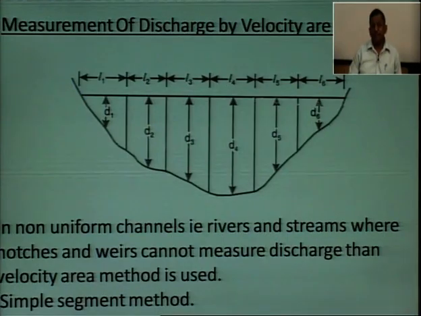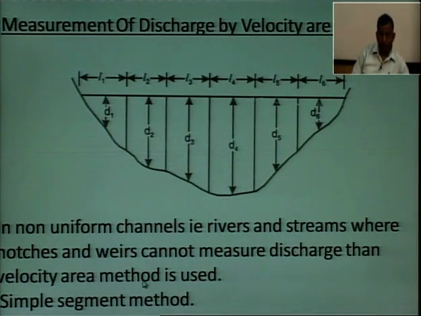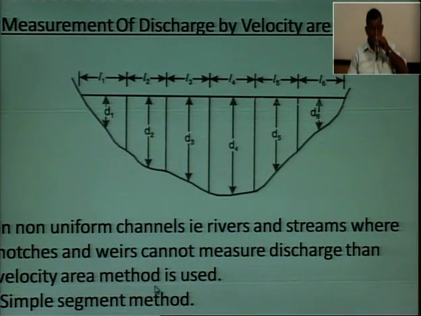Now, let us say we want to measure the discharge by velocity area method. In non-uniform channels, rivers and streams where notches and weirs cannot measure discharge, the velocity area method is used.